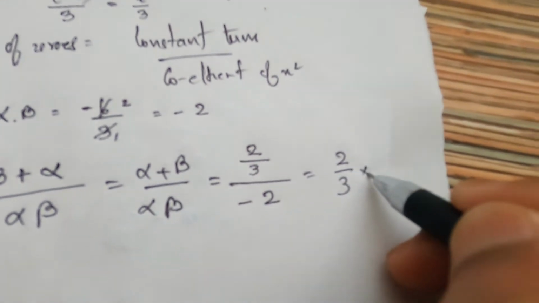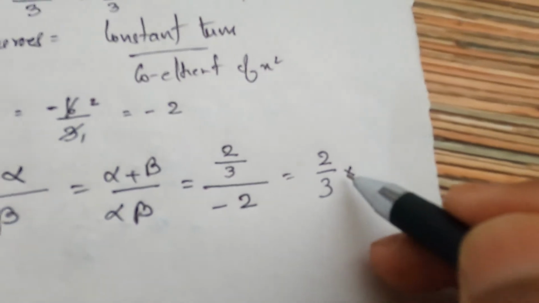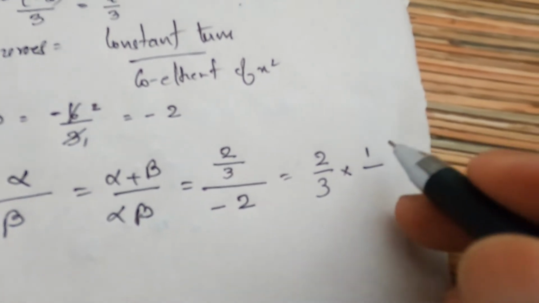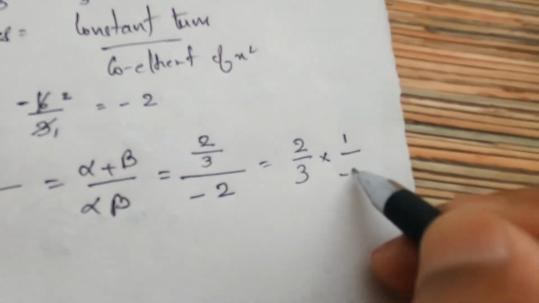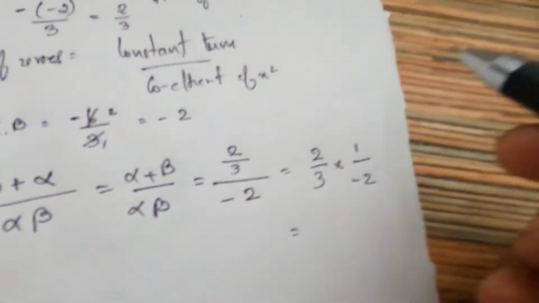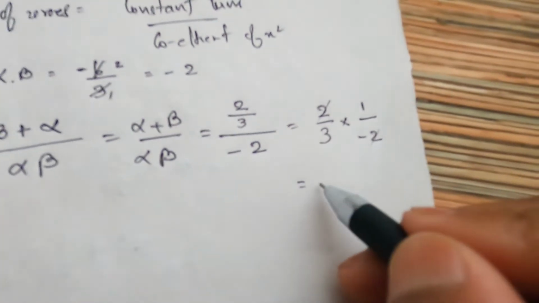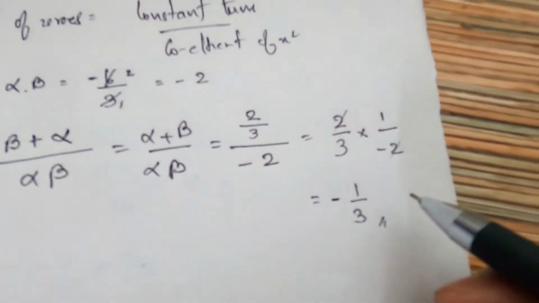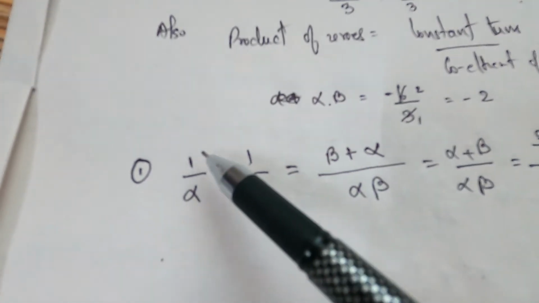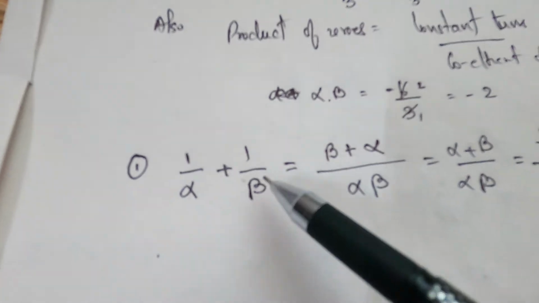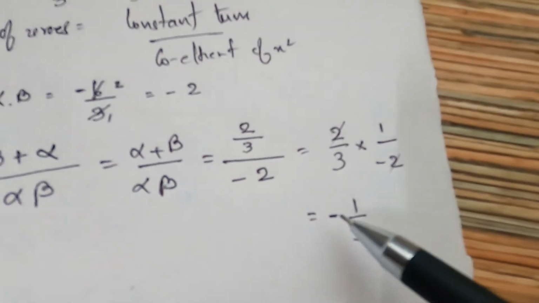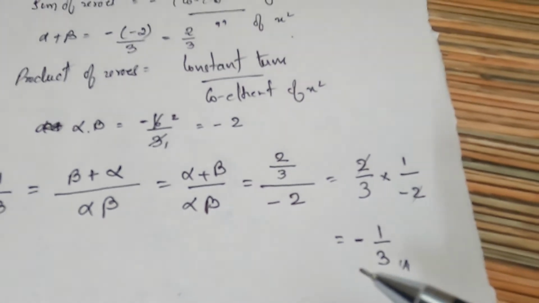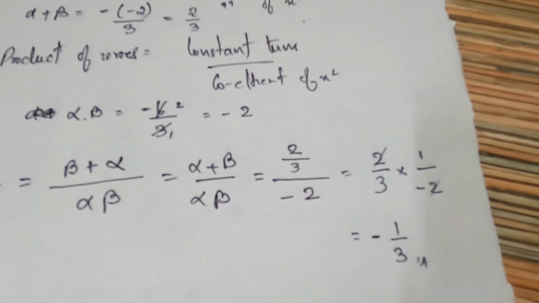We transfer this from the division sign to the multiplication sign, so 1 goes up and 2 comes down. The 2 cancels, and what's left is minus 1 by 3. Therefore the value of 1 by alpha plus 1 by beta is equal to minus 1 by 3. This will be your answer.